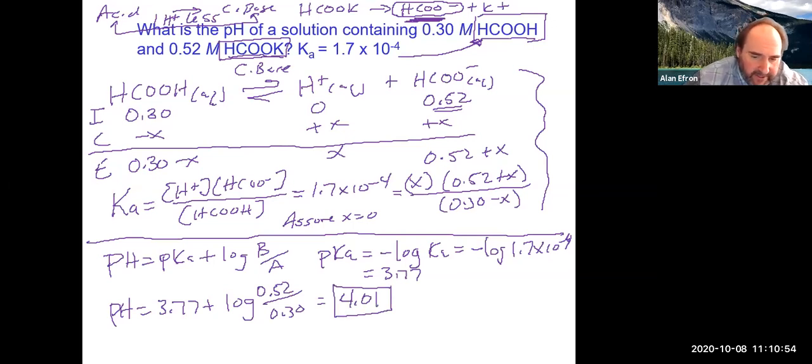I stopped up here, but if you continued on and solved for x and calculated the pH, you will get 4.01 as well. If you made your assumption, solved for x, you'll get the H plus concentration and put it in there.